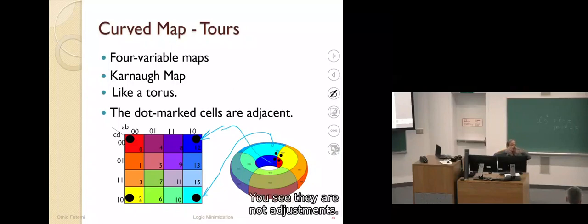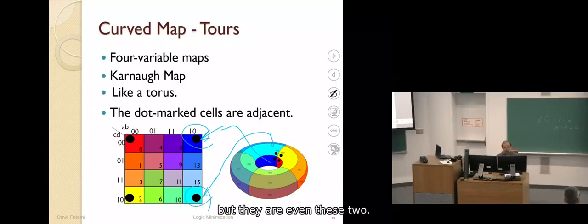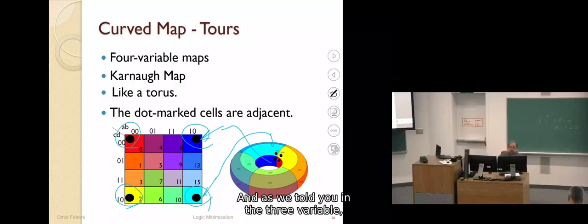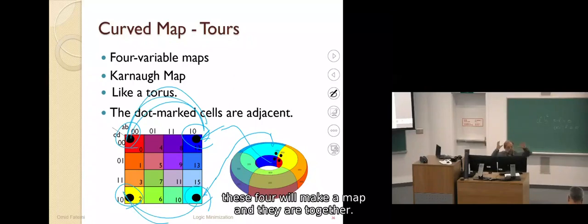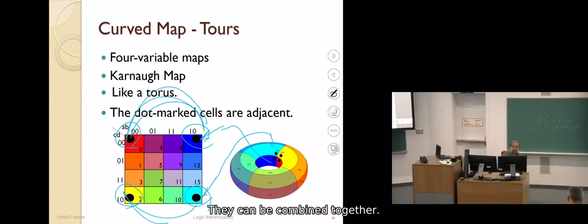You see, they are not adjacent at first look. You might think, okay, this is here, they are not adjacent, but they are. And even these two are also adjacent. And as we told you in the 3-variable map, these 2 are also adjacent. These 2 are also adjacent. And if you have all of these 4, these 4 will make a group, and they can be combined together.